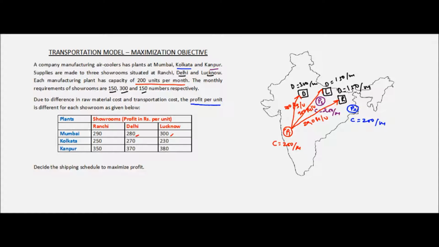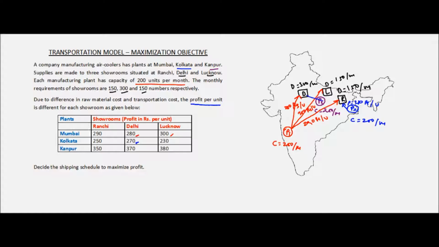Similarly, for Kolkata, if we ship the material to Ranchi, the profit is 250 rupees per unit. So Kolkata is P2 and Ranchi is this here. So profit is 250 rupees per unit. And if we sell the material at Delhi and it is shipped from Kolkata, then the profit is 270 rupees per unit.